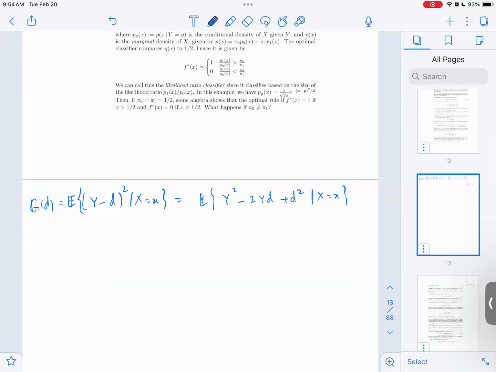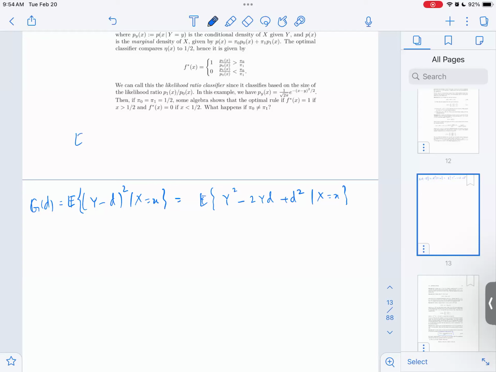So then what? We use a property of expectation: the expectation of a sum is the sum of expectations, and scalar multiplications come out. This is linearity of expectation.